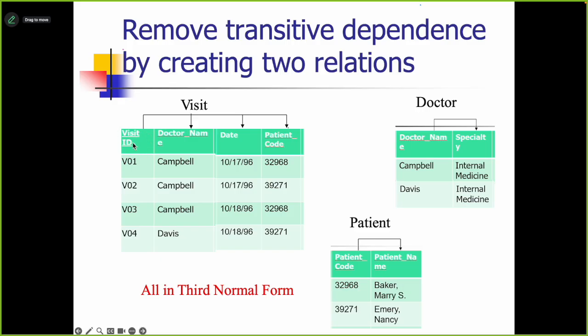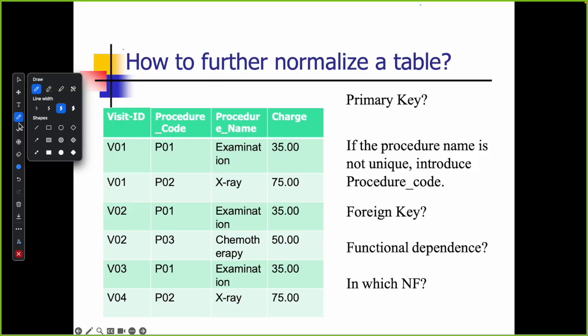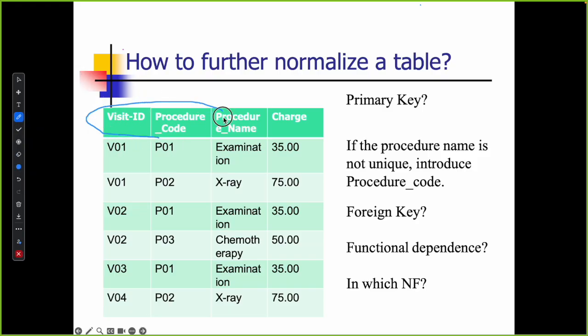Now, because it's the primary key in the visit table, in this table it is a foreign key. Your primary key here is a composite primary key, visit ID and procedure code, right? In that case, visit ID alone is a foreign key.